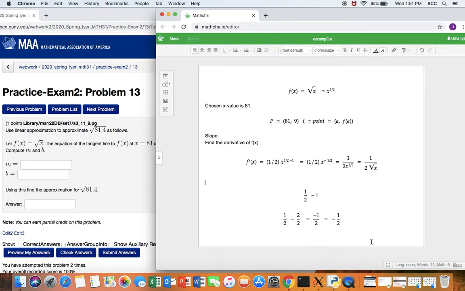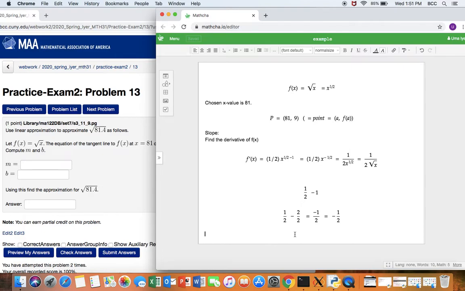Okay. So let's use all of that. This was, by the way, scratch work. Okay, now let's use all of that. So to find the slope, I have to take the derivative, plug in my x value.